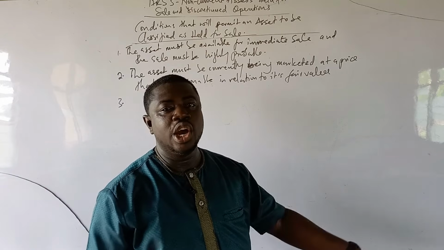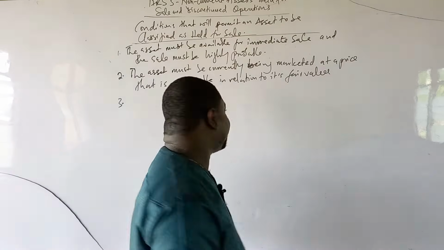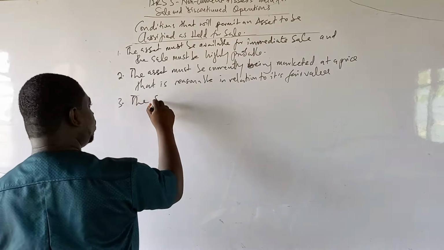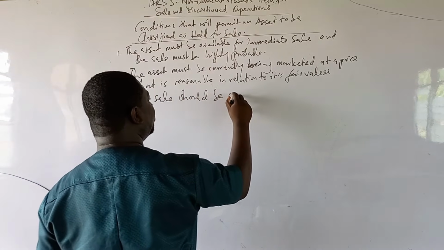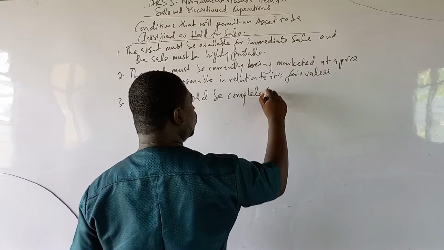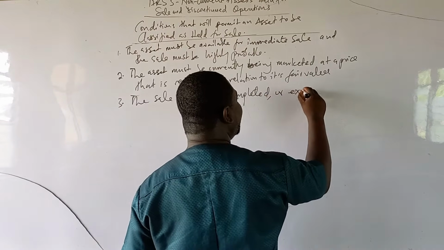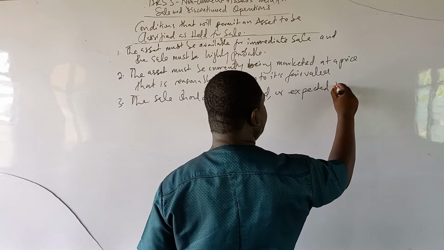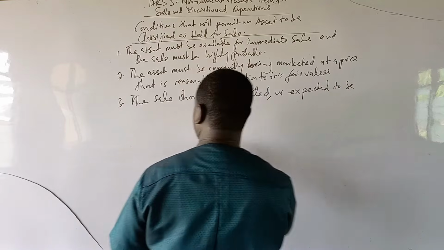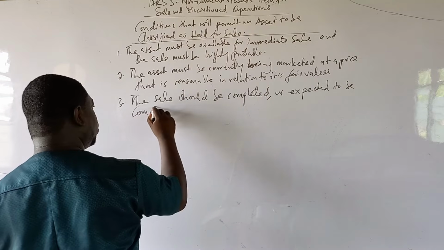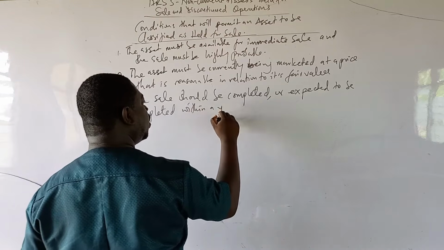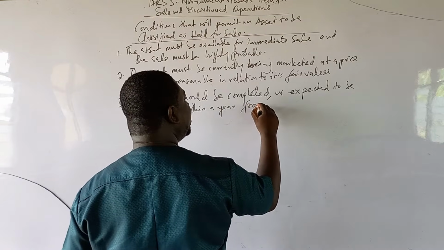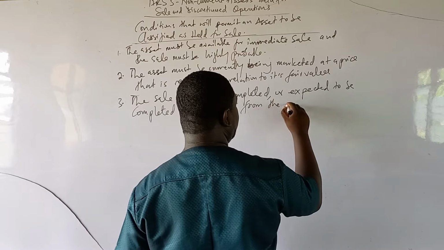Okay, so the third condition that must be satisfied is that the sale should be completed or expected to be completed within a year from the date of classification.